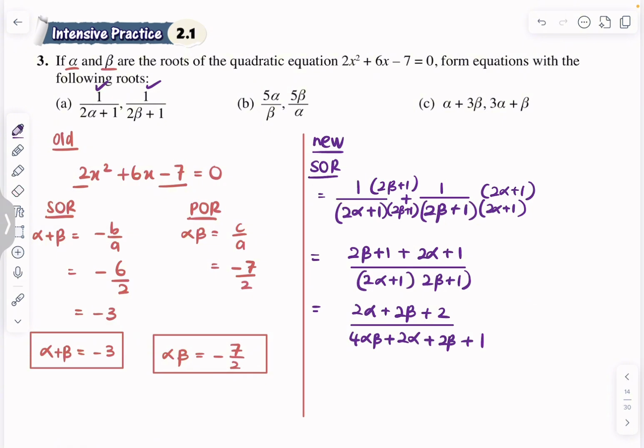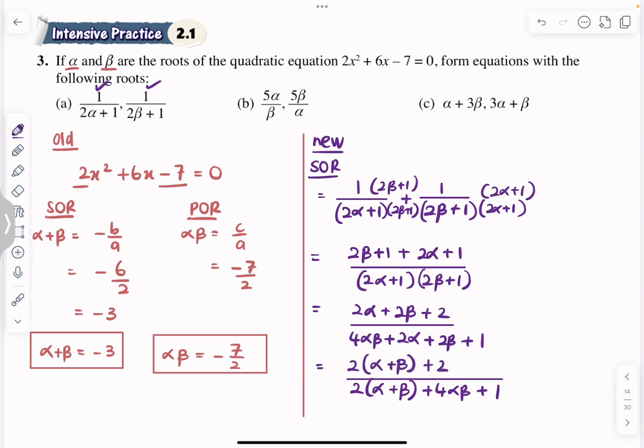Now we simplify it further. The top one we factorize: 2 times alpha plus beta plus 2. Down here we can factorize this part as well: 4 alpha beta plus 2 alpha plus beta plus 1.